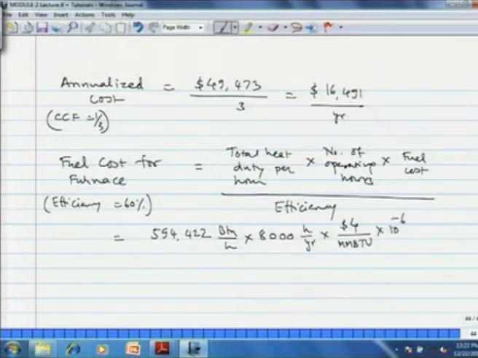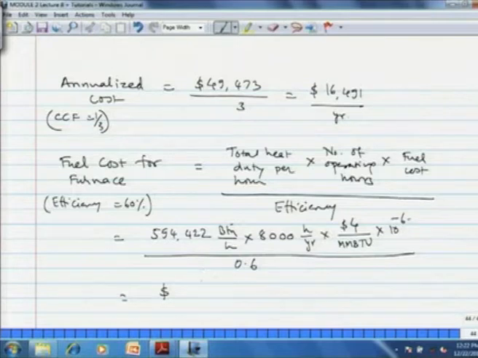So, we have to now multiply by 10 to the power minus 6 to convert BTU to MMBTU, divided by 0.6, and then if you just calculate, you will get the fuel cost as $32,286 per year. This is the annual fuel cost.